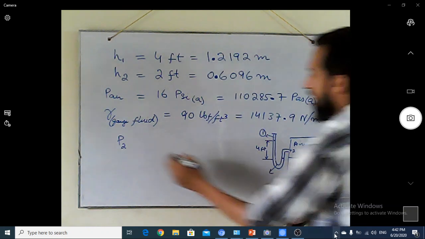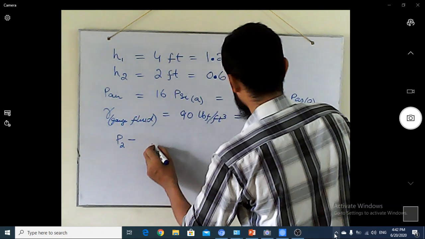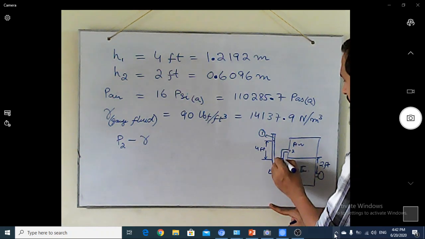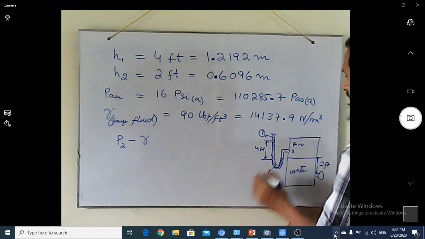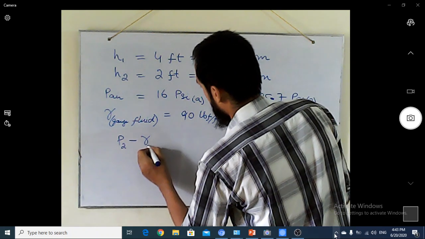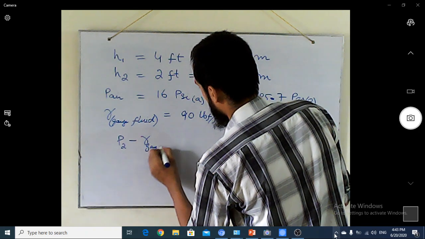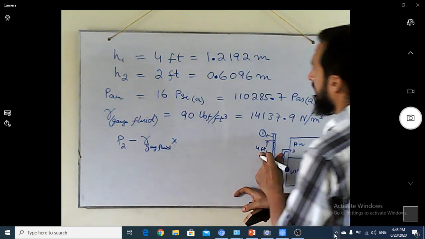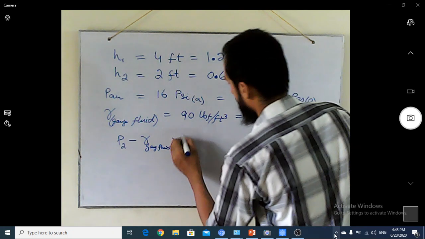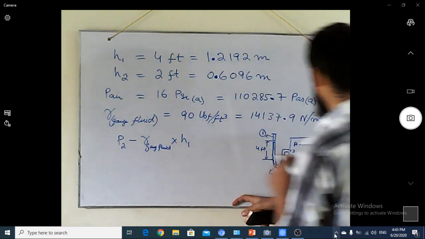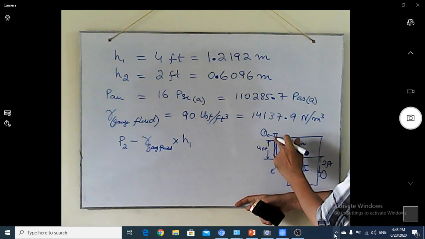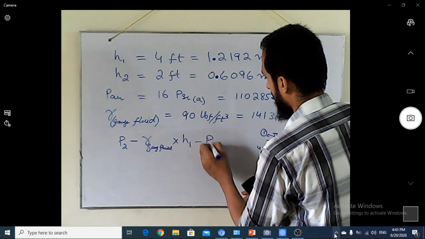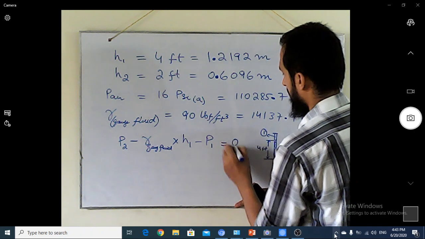So I subtract the specific weight of the gauge fluid multiplied by H1, and also subtract the pressure at point P1, equals 0.